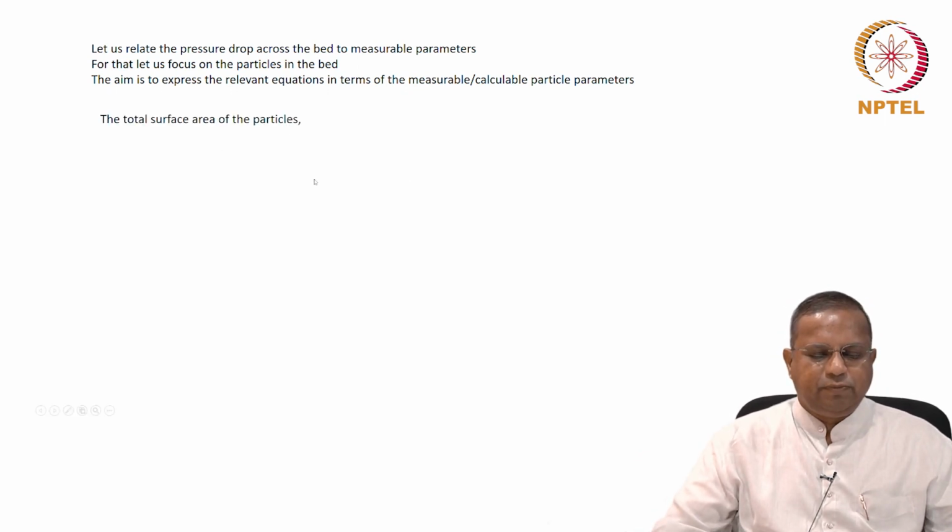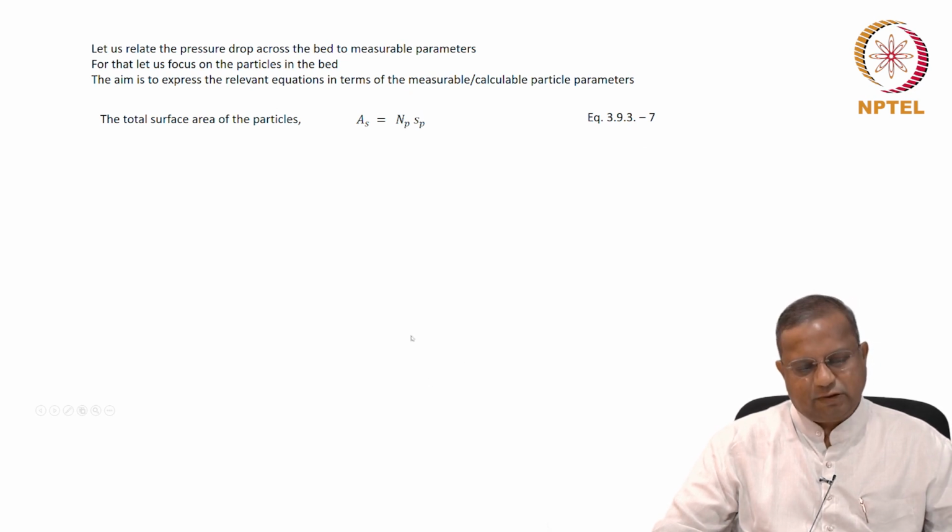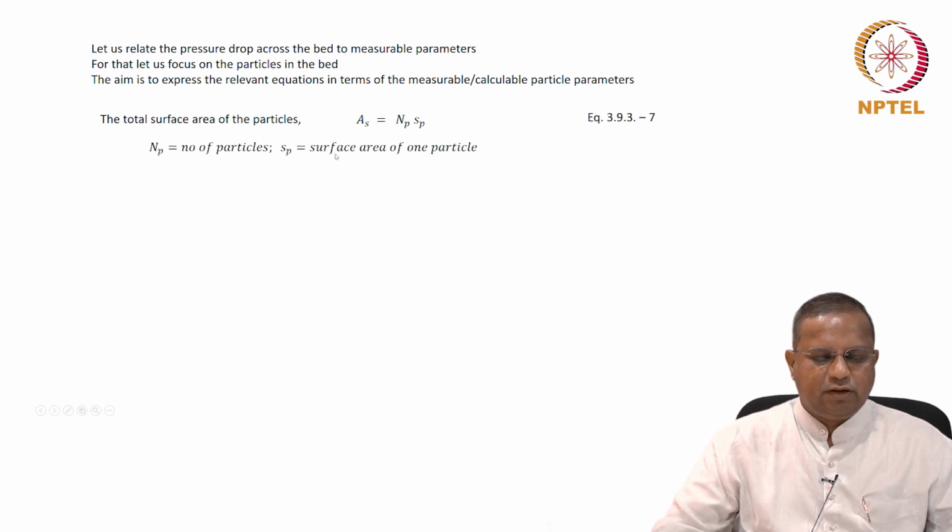The total surface area of the particles is nothing but NP, the number of particles, times the surface area of each particle, and that equals AS. Equation 3.9.3-7. NP is the number of particles, SP is the surface area of each particle.